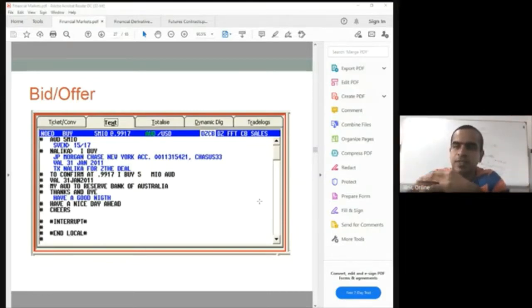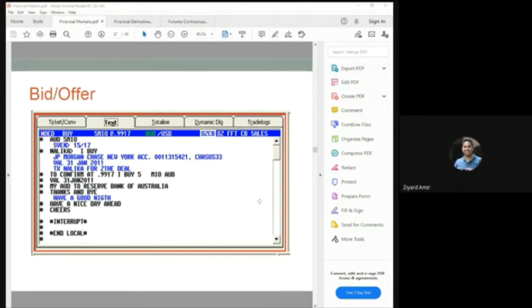Clear? So if there are more offers, that means there are more sellers in the market, which means more supply. If supply increases, grade 2 economics: when supply goes up, the price should come down.